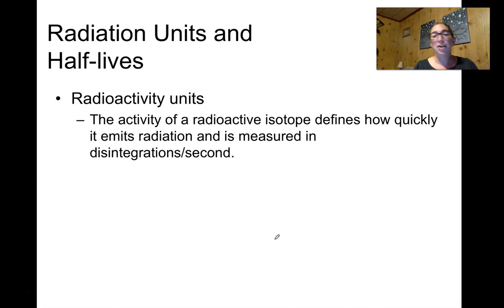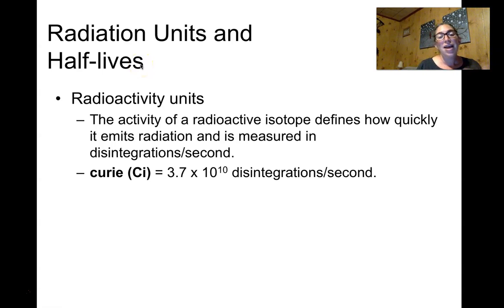They're very unstable. And other radioisotopes are more stable and they decay very slowly. And so we indicate the rate or how fast a radioisotope decays by its half-life. And we can measure the amount of radiation it's producing, and we call that the radioactivity.